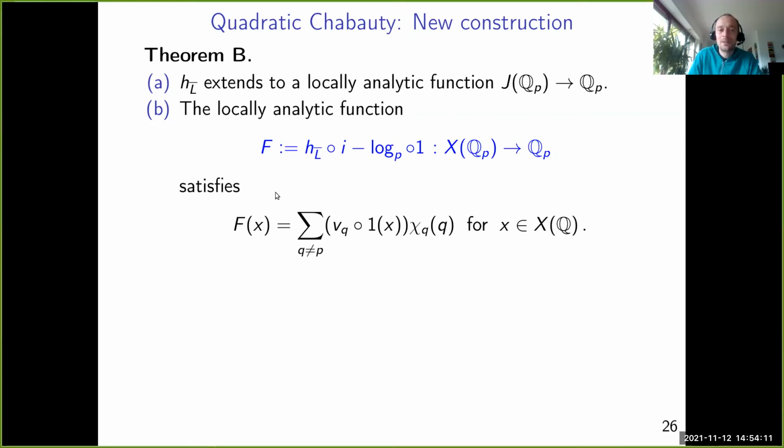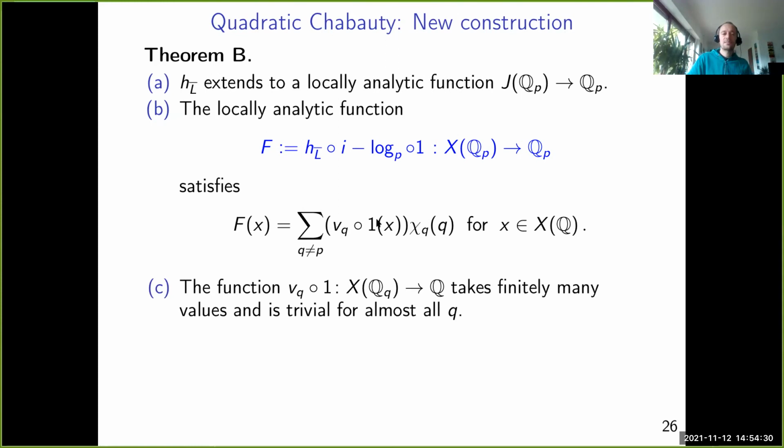When I evaluate at a rational point X on X, what I get is the sum of all the local heights away from P, because HL bar composed with I is the global height. I subtract the local height at P, and so I get the sum of all the local heights away from P. And this function has two very nice properties.